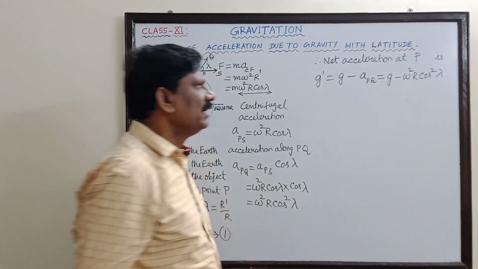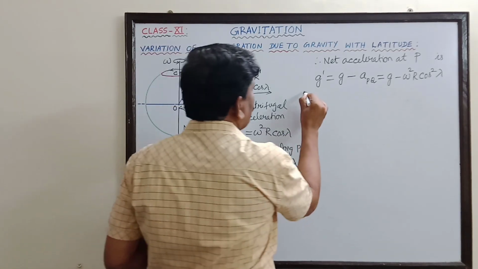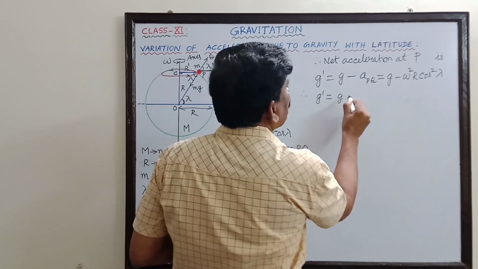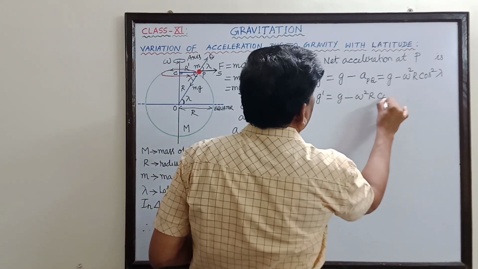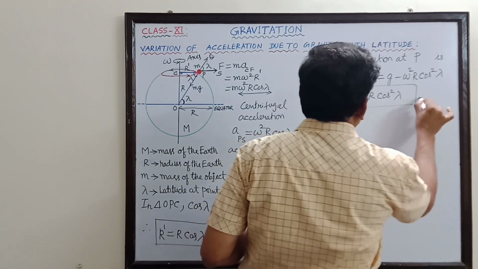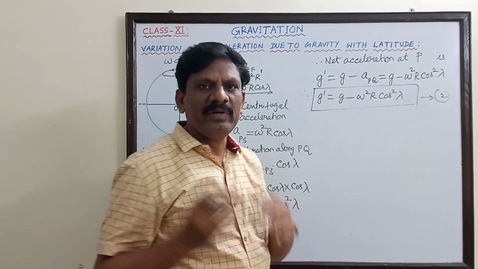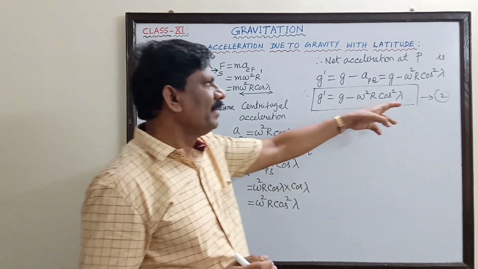So this is the required equation. I will write the final equation: G dash is equal to G minus omega square R cos square lambda. Final equation number 2.